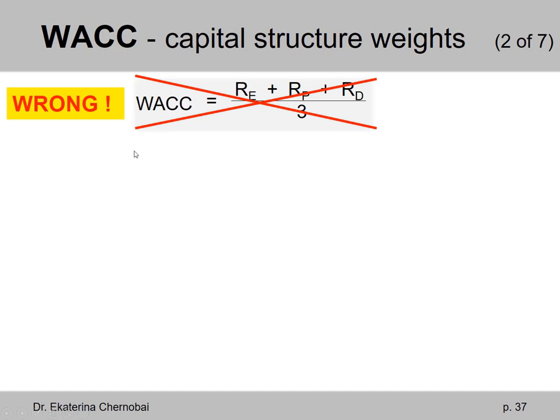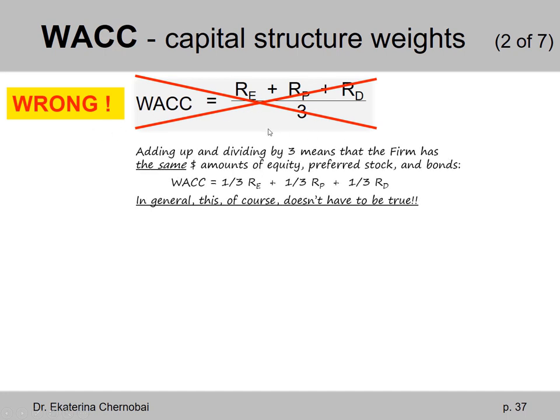Turns out that's generally a wrong approach, because adding the 3 and dividing by 3 is the simple average, which means you're implying that the firm has the same dollar amounts of equity, preferred stock, and bonds in its capital structure, because it's the same thing mathematically as 1/3 times RE plus 1/3 times RP plus 1/3 times RD.